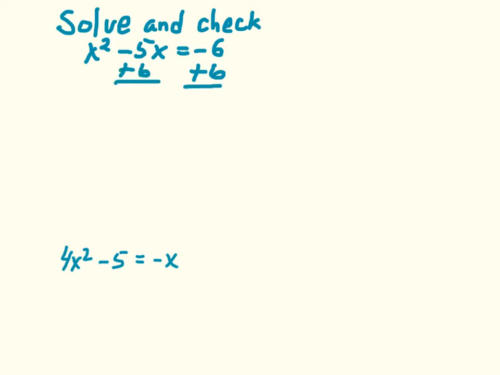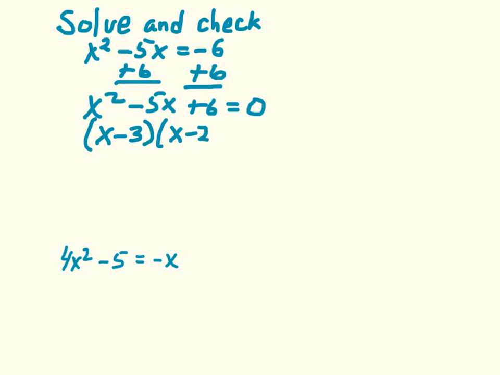And that will give me x squared minus 5x plus 6 equals 0. Then I can factor this. Recall how to factor this. Since I have a lead coefficient of 1, I've got factors of positive 6 that sum to negative 5. That would be x minus 3 times x minus 2 equals 0.